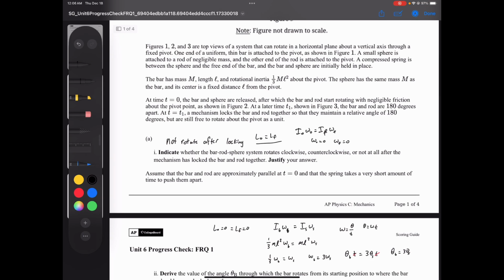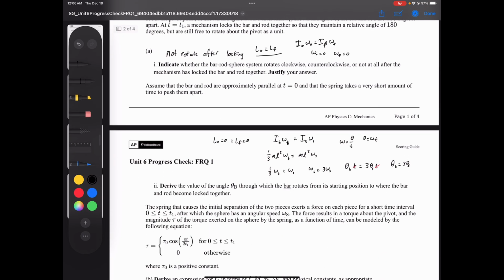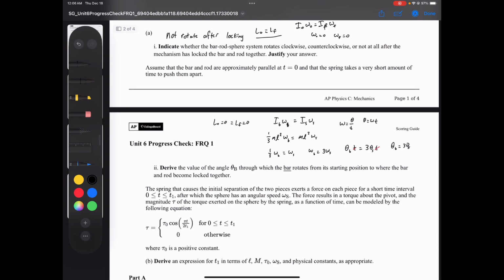So in order for the bar to rotate 3 times as much as the sphere, I can draw a little diagram here. Let's say that the bar and the sphere start off 0 degrees apart. Now, I can't make it exactly 0 in my picture. I'm trying to distinguish between them, so this side's the bar, this side's the sphere.